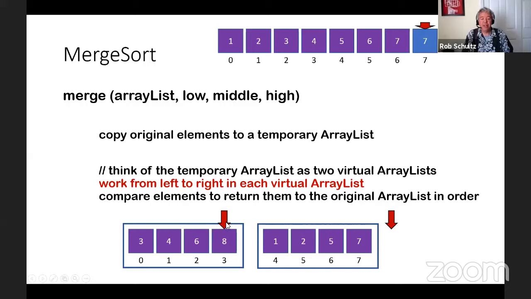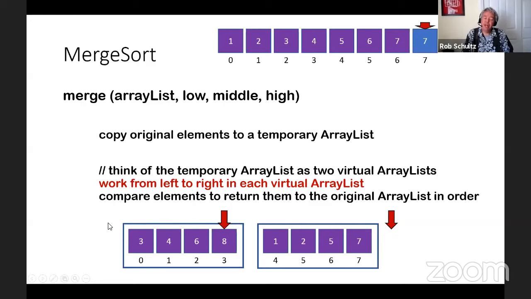If at any point this value goes beyond mid, the middle value that we passed in, or if this variable goes beyond the size of our array list, or I should say high, whatever we designated as our high position, then that's our indication that we stop. But notice that we still have some things unaccounted for in the left-hand side of our array list.